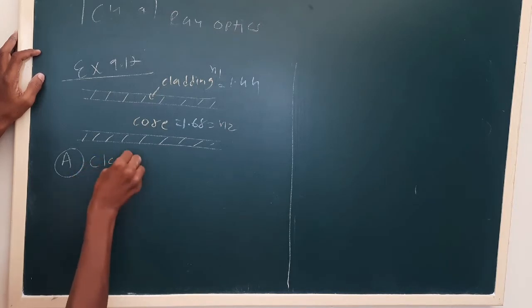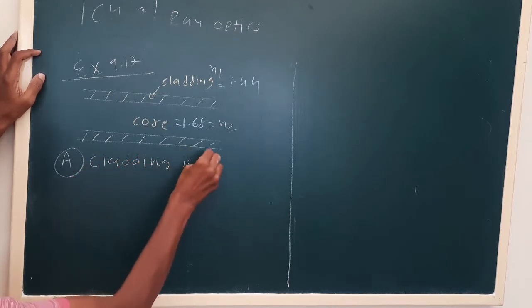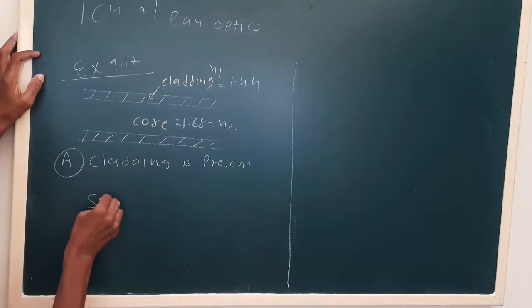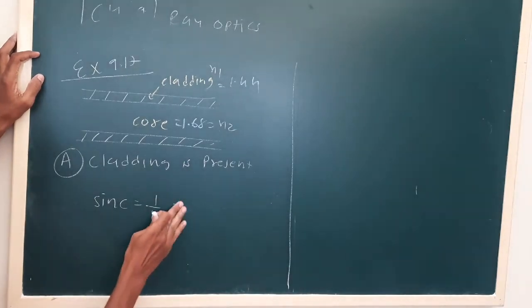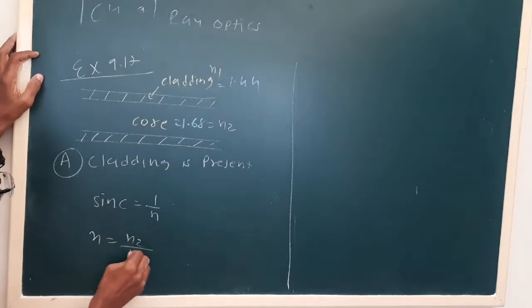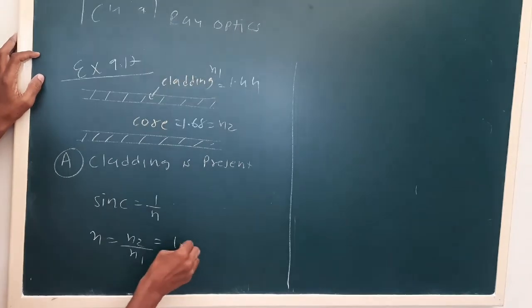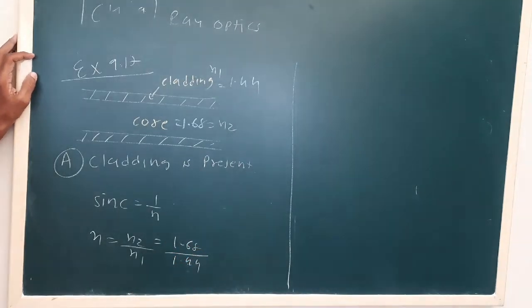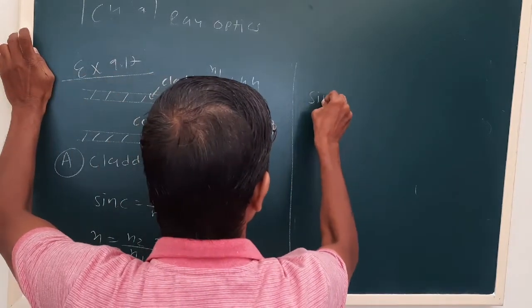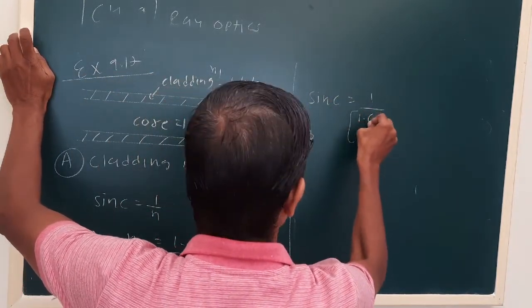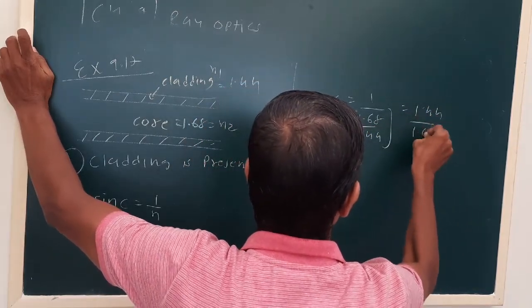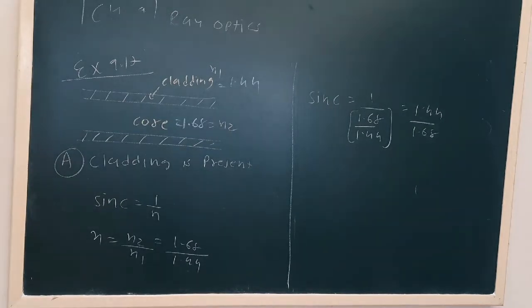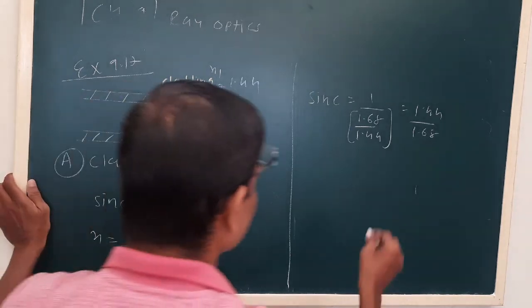First case, cladding is present, sin C equals N2 upon N1. If I substitute here and solve using a calculator, it turns out to be 0.8571.